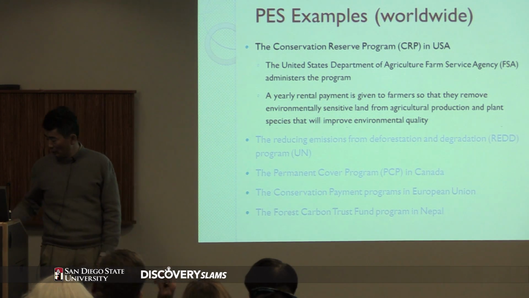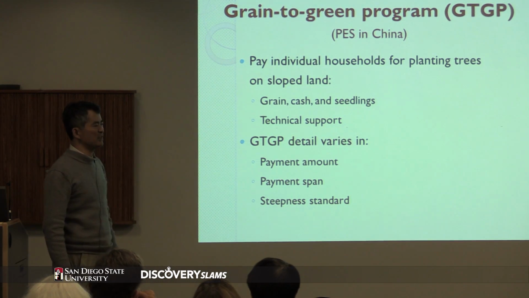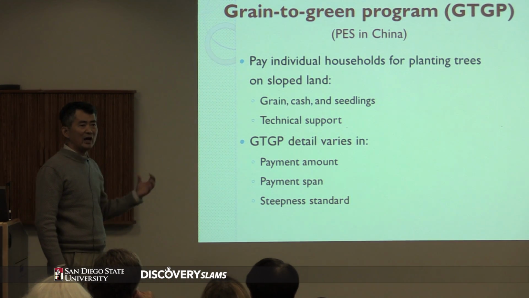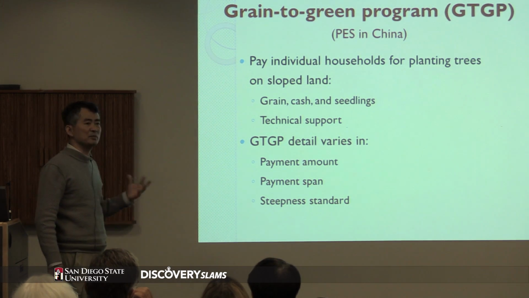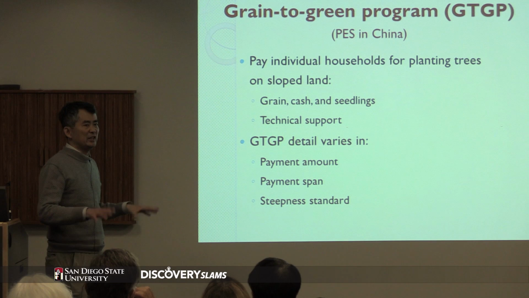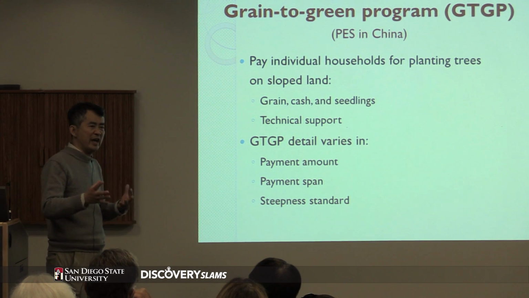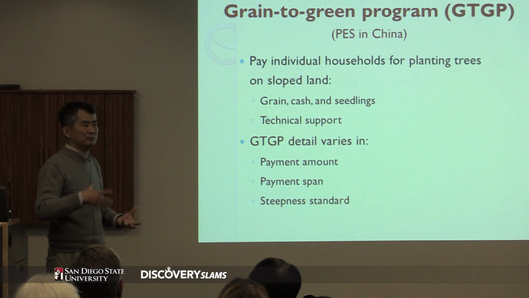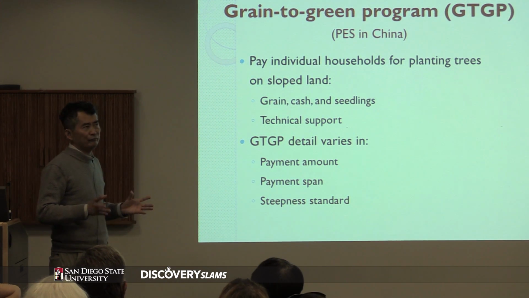So here, I want to introduce one PES program that is implemented in China. Right now, it is in its 3rd phase. It started approximately 2000, then ended about 2008, and the second phase started about 2008, 2009, up to, I would say, 2014.